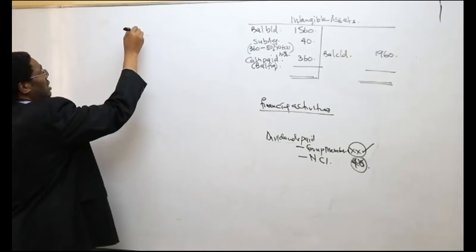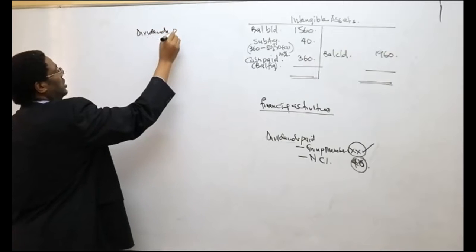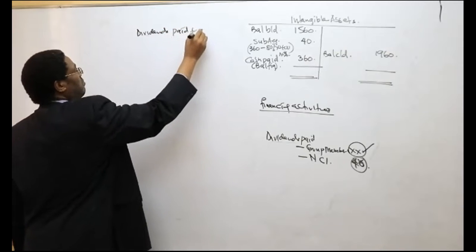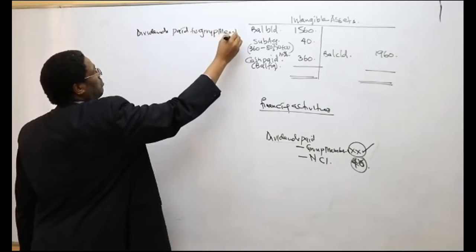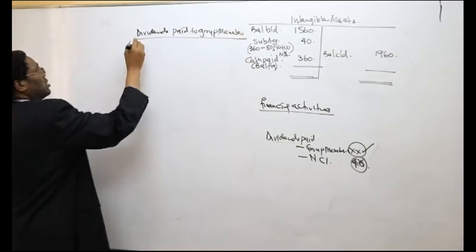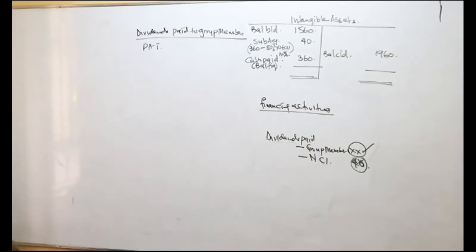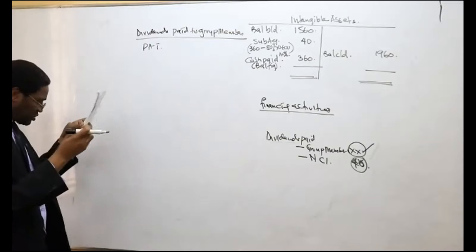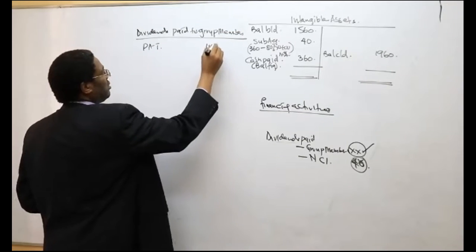So we want to determine dividends paid to group members. That's what we want to calculate now. So let's work backwards. How? By taking the profit after tax, and according to the income statement, the profit after tax was given as 1440.